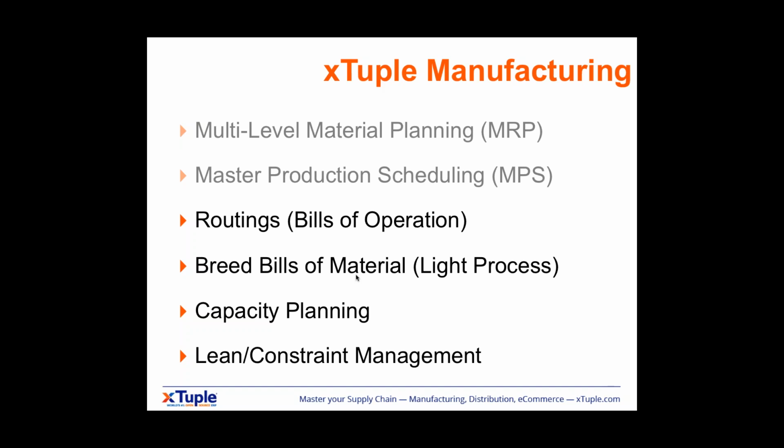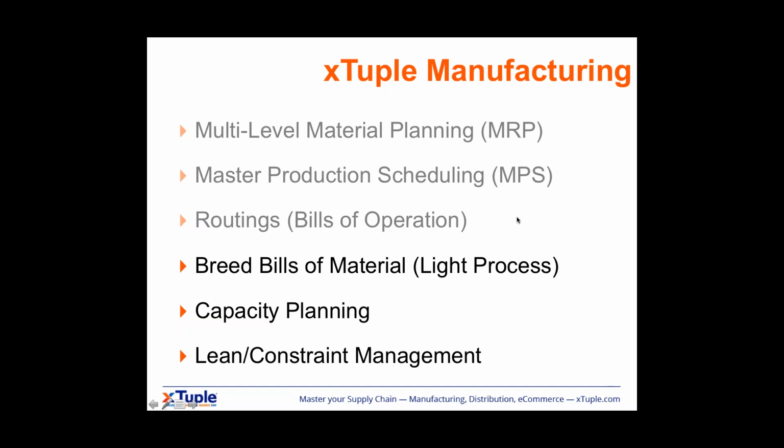So all of those steps can be indicated. They can have work centers associated with them. They can have labor cost associated with them. They can have overhead cost associated with them. So that's the idea of the routing, is to provide the labor portion of the manufacturing cost as opposed to just the material or the bill of material component to it.